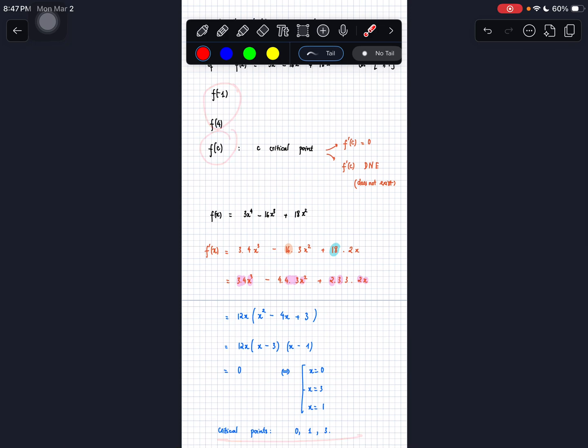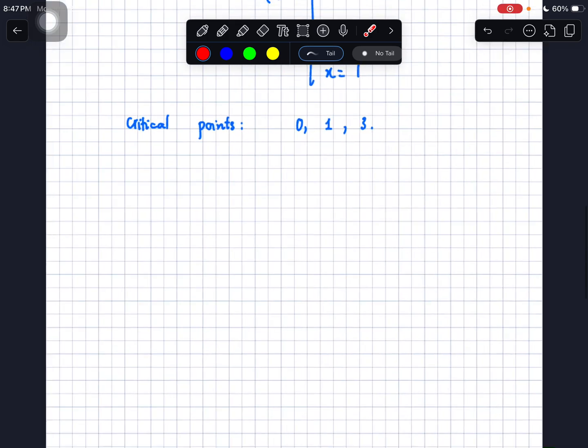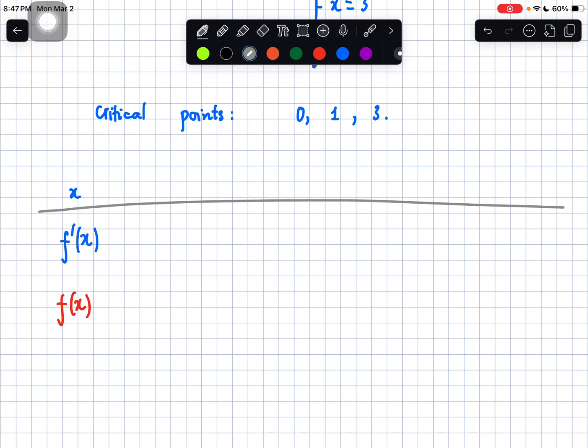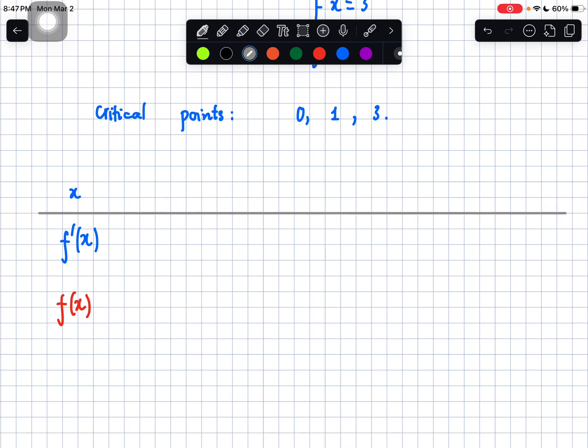So we need to compute f of c for the 3 points and compare them with f of -1 and f of 4. So let's do that. Let me draw f prime of x, because we want to find the local max and min. You have -1, 0, 1, 3, 4.